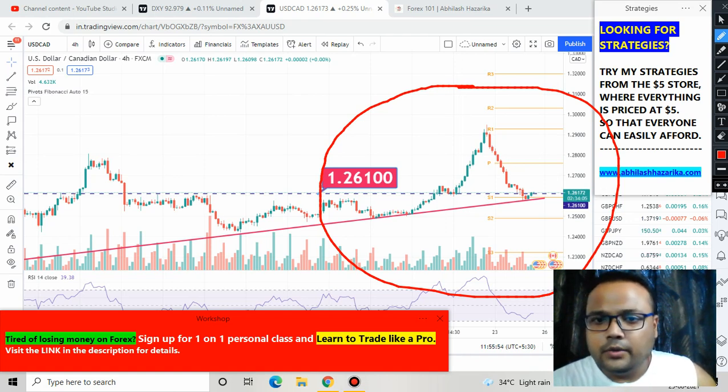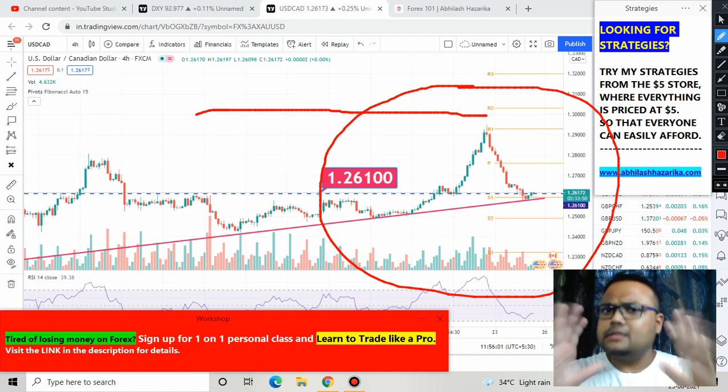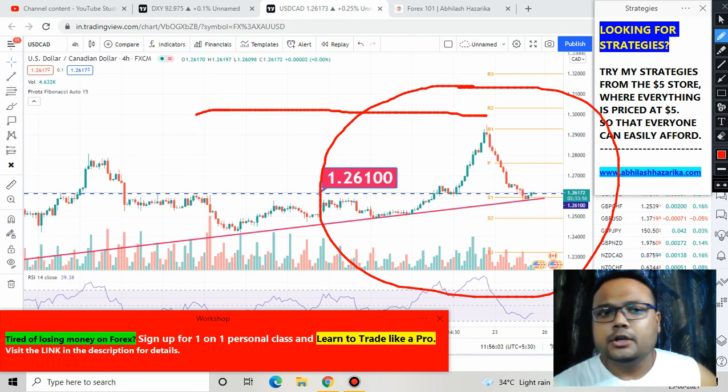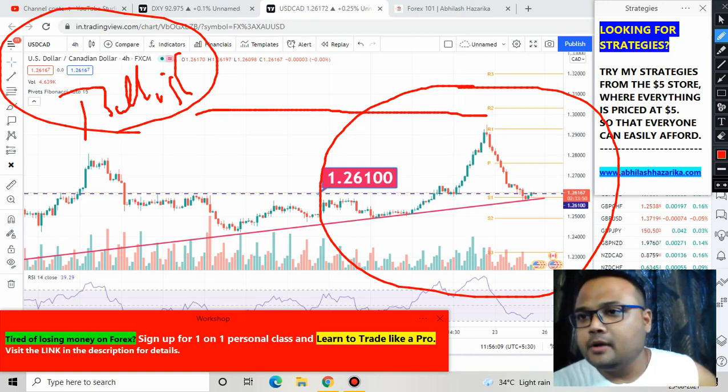But still, we cannot consider this a complete trend reversal, and the overall market still seems to be bullish. So market is bullish, that is our final notion.